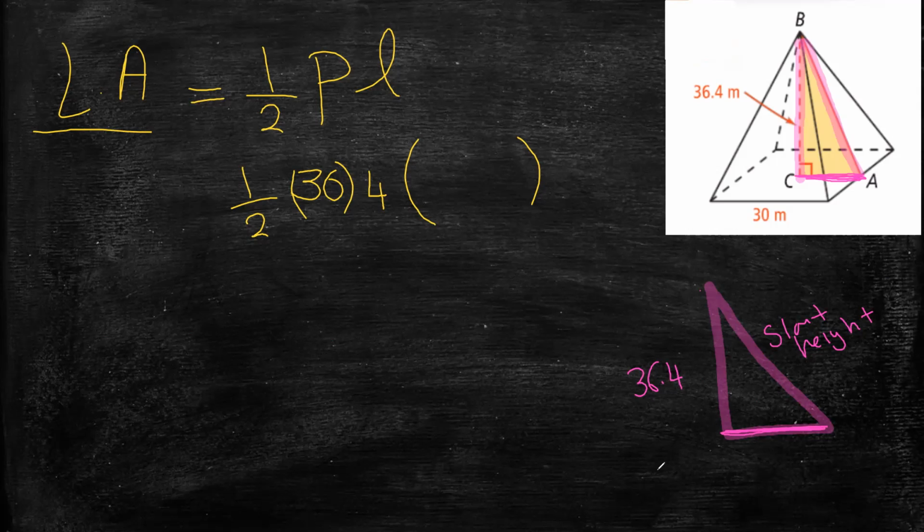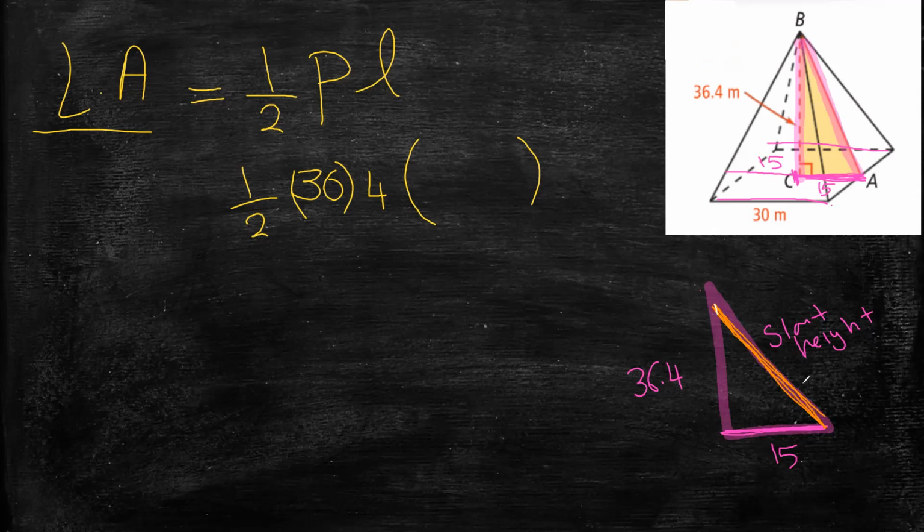Since this is 30, and the height is perpendicular on the middle of the face, it cuts it into two equal halves. So if this is 30, it makes this one 15 and this one 15. So now, back to my triangle. Here I have 15. Here, this is the slant height. I need to find it.